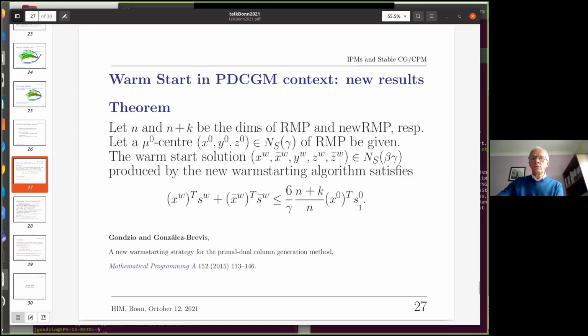This is the old complementarity gap. This is the new complementarity gap. As you can see, it has grown by n plus k over n, which is a number slightly larger than 1, and the constant 6 over gamma, where gamma is the width of the symmetric neighborhood. This is the result presented in the paper.